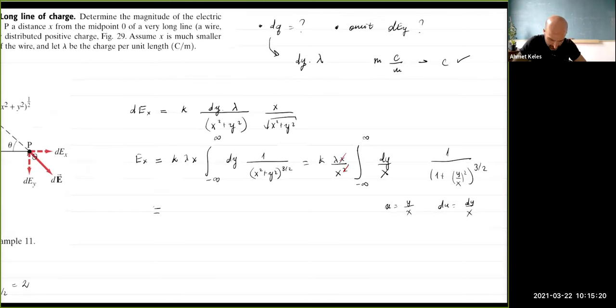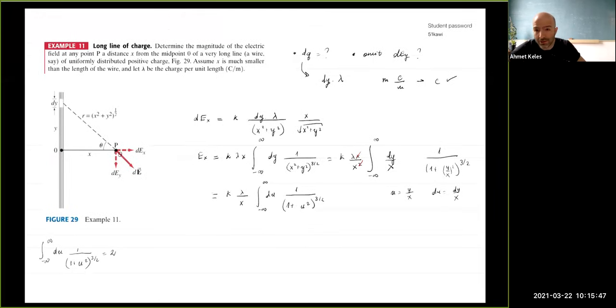This is k lambda over x, integral of du from minus infinity to plus infinity, 1 over 1 plus u squared to the 3 over 2.